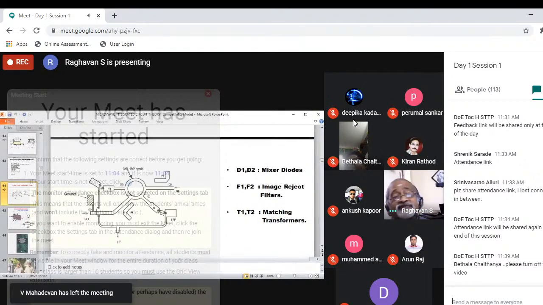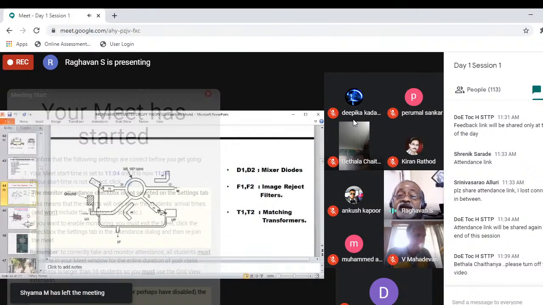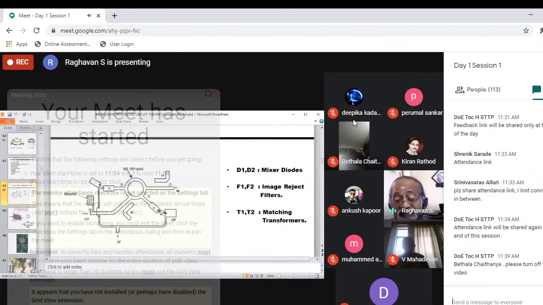In fact, in a mixer or a double balanced mixer, even different planar transmission lines will be coming: fin line, microstrip, CPW. Whenever you want to change from one transmission line to another, you can make use of the antipodal fin line. So the antipodal fin line is very popular, isn't it, for changing one transmission line to the other.